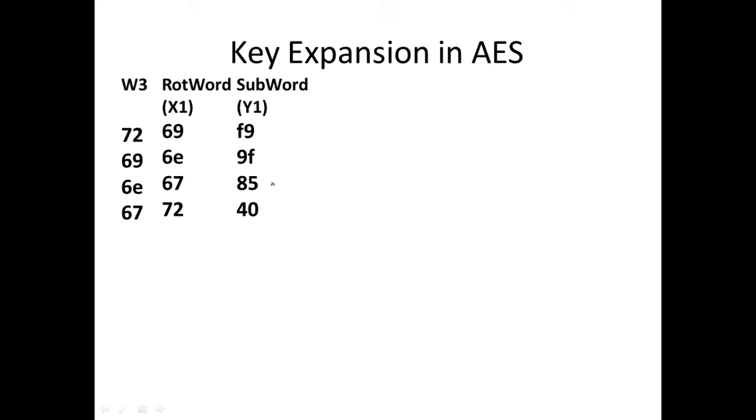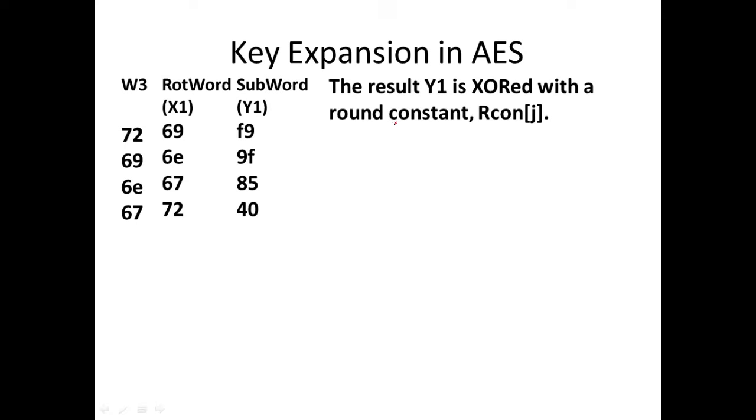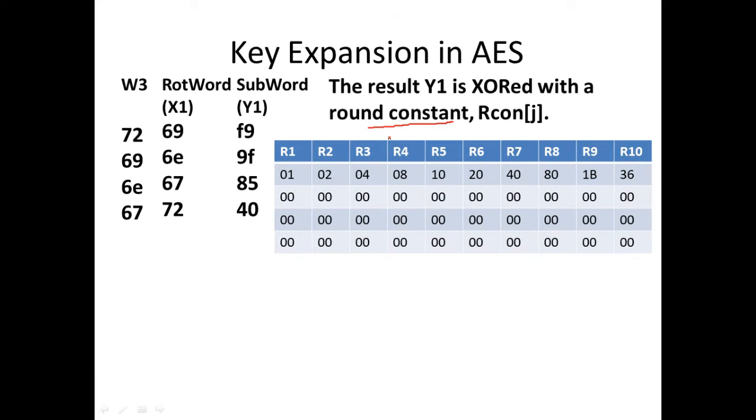So once you have achieved the SubWord, the next step is we have to perform an XOR of the SubWord with a constant called the round constant. So what is this round constant? Say what we are trying to generate here. Do you remember? Say we are having W0, W1, W2 and W3.